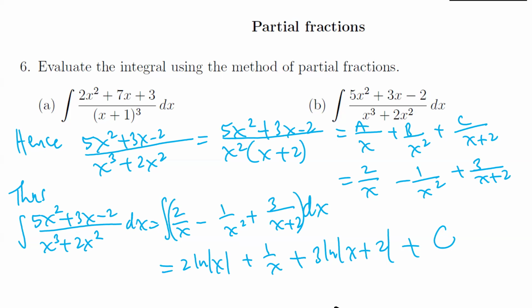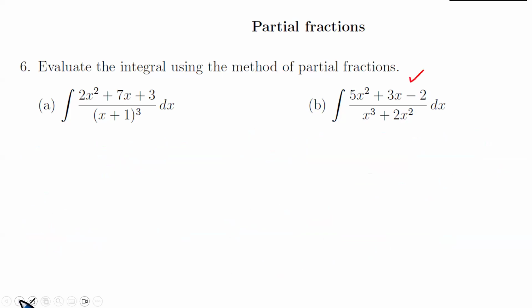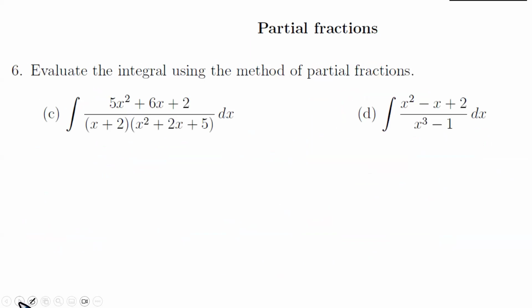But now we're going to move to the next question on the partial fraction decomposition technique. With that, we solved B. Let us do this one, so we're going to do 6c, for instance.